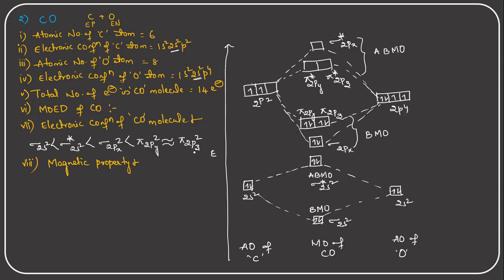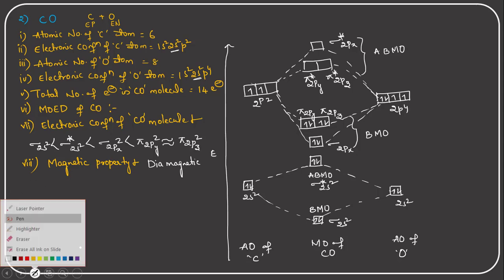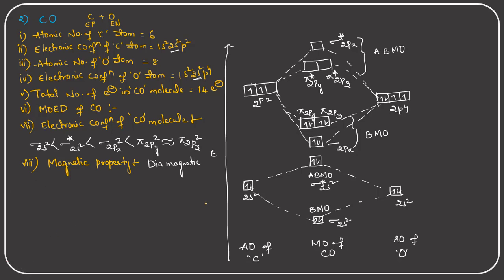No unpaired electrons present. Since all electrons are paired with each other, this molecule is said to be a diamagnetic molecule. Why is it diamagnetic? Because when it is placed in an external magnetic field, it will be repelled, right? So that is the reason this is a diamagnetic compound.